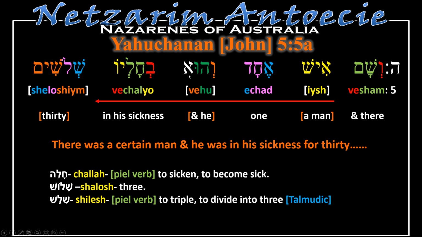The aleph is in white, so it's not pronounced. Then vet, chet, lamed, yod, vav. Shin, lamed, shin, yod, mem sofit. Remember that when the vav has a dot above it, it's the O sound, called a cholam. So let us begin.